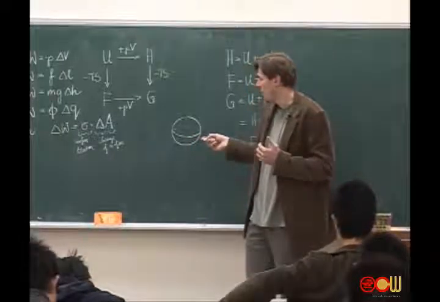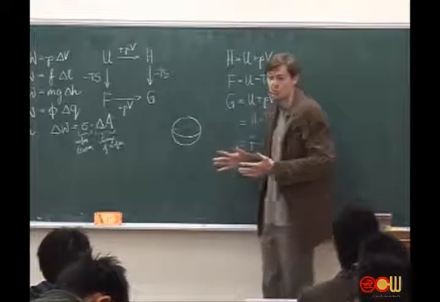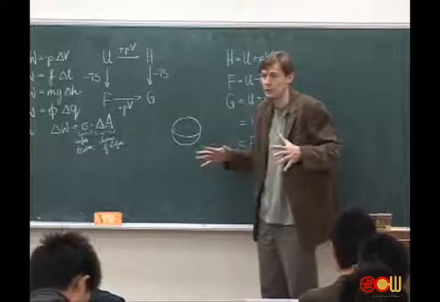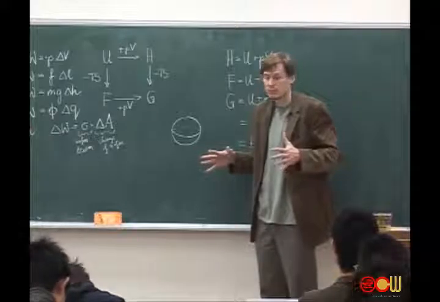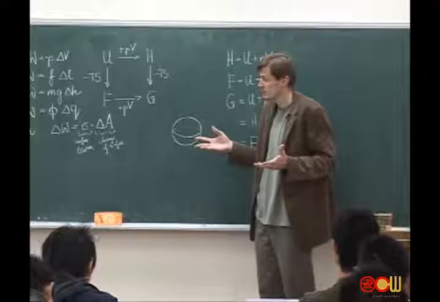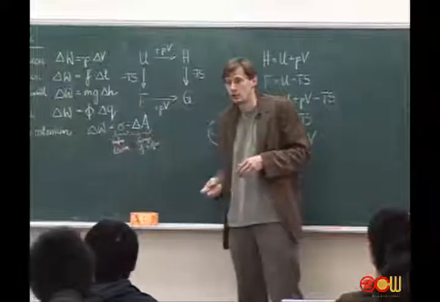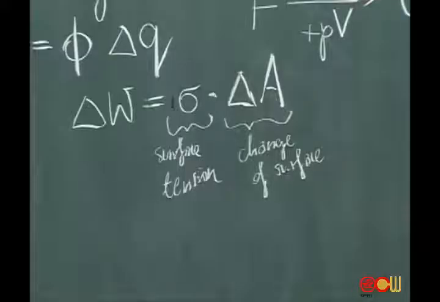But now, if something happens to this, if you squeeze it, the volume will be the same, but the surface will go larger, because every other shape than a sphere has larger surface. And this is exactly the equation telling you how much work you need for doing such a process. And it's kind of easy to calculate the change of surface, and the surface tension is a property known for every liquid.